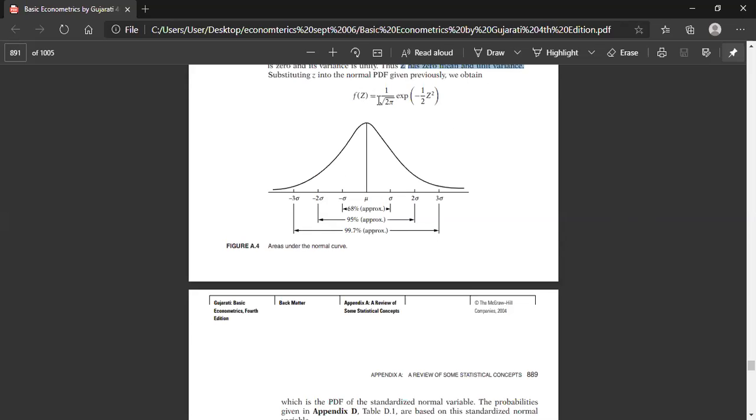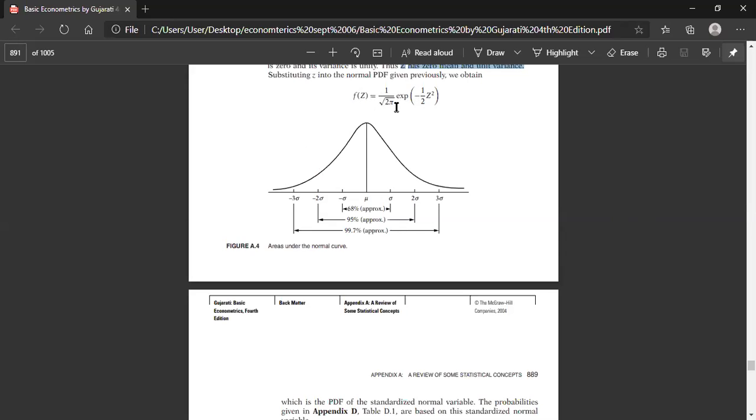For any normal distribution with mean and variance, as I said, I bring one, you bring another one, the mean is different, variance is different, but we can convert that into Z. And then this density function is known because everything is known here except for the value of Z. So this density function is fixed.